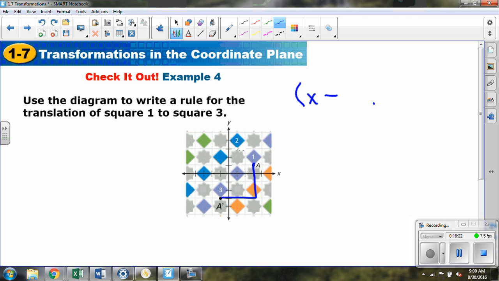How far to the left? How far down? Well, we'll count our tick marks. 1, 1, 2, 3, 4. That's down. 1, 2, 3, 4 left. And we're done.